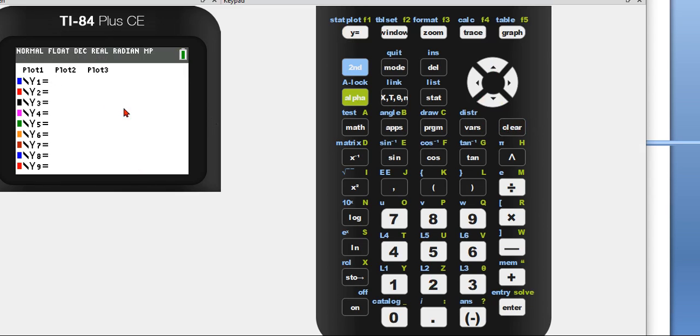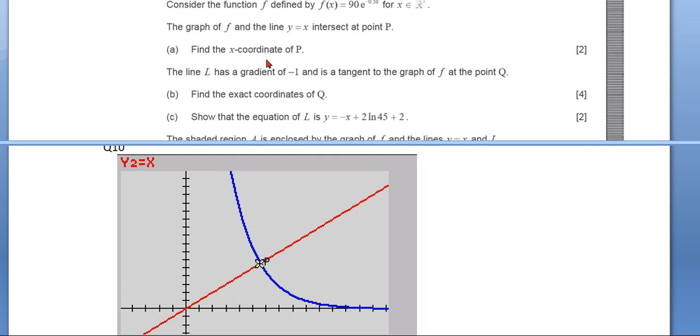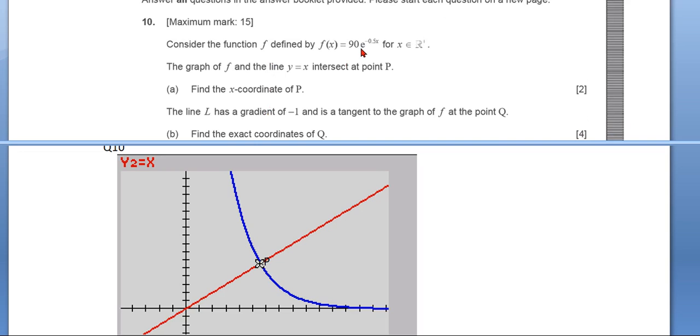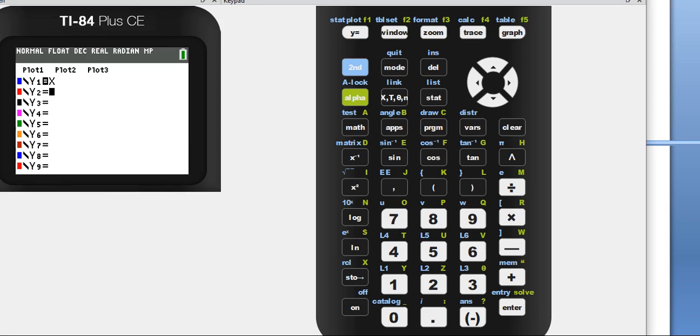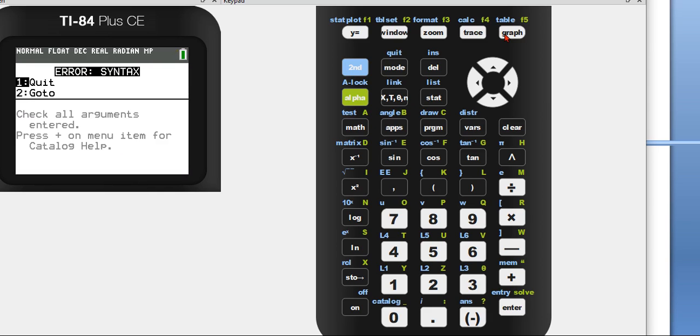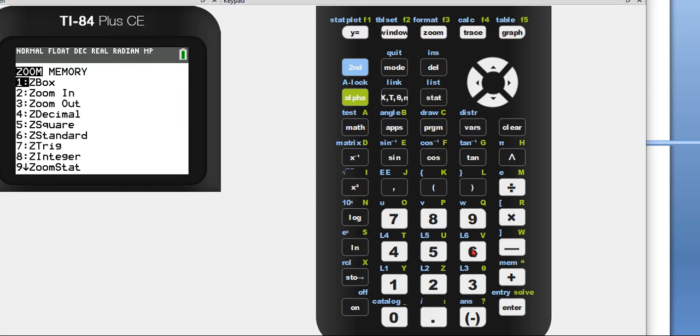One function is y equals x, and another function is 90 exponent minus 0.2x, I guess. Let us use zoom standard.